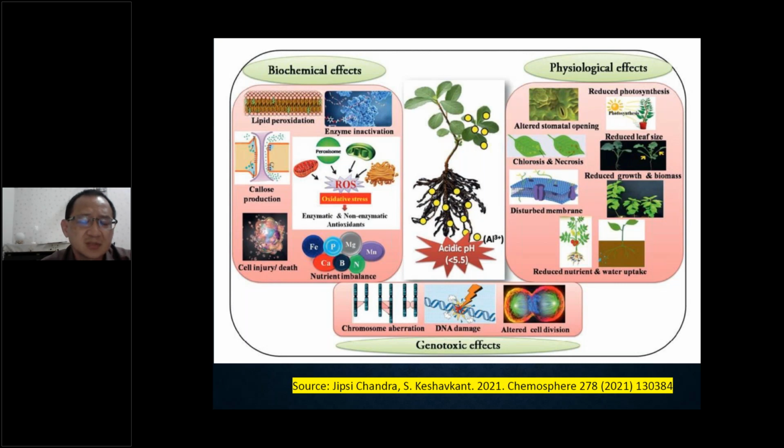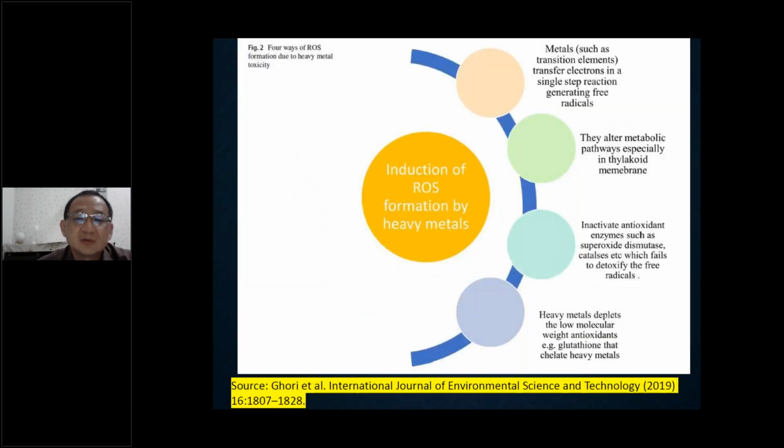My work is focused on the enzymatic and non-enzymatic antioxidants. Overall, in the presence of heavy metal stress, there will be an induction of ROS, reactive oxygen species. This ROS needs to be regulated and controlled. Why?